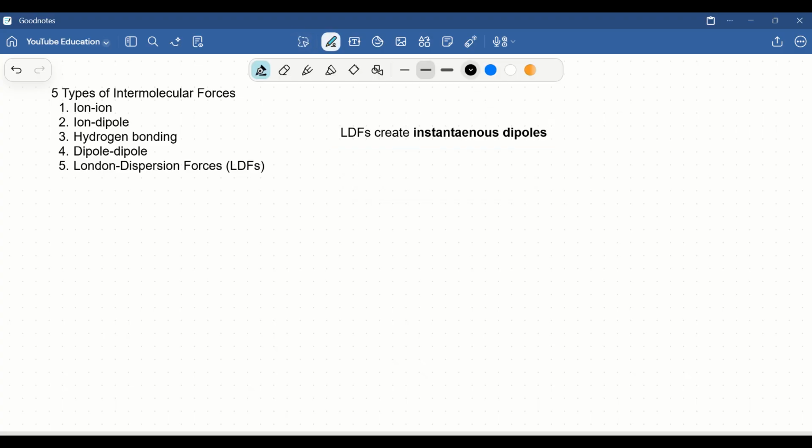So if I took, for example, the water molecule, we may remember drawing those dipole diagrams before. It would look something like that.